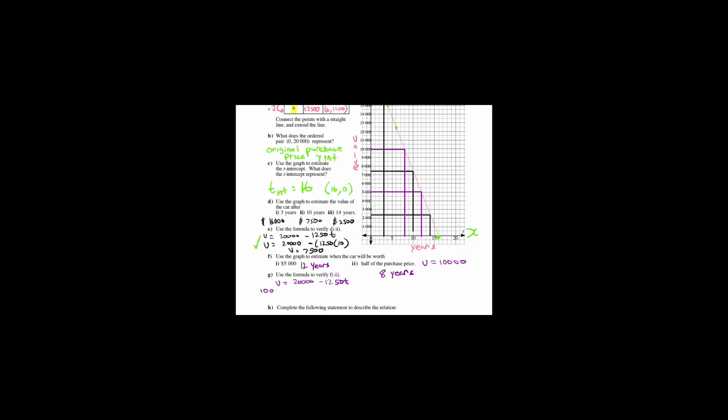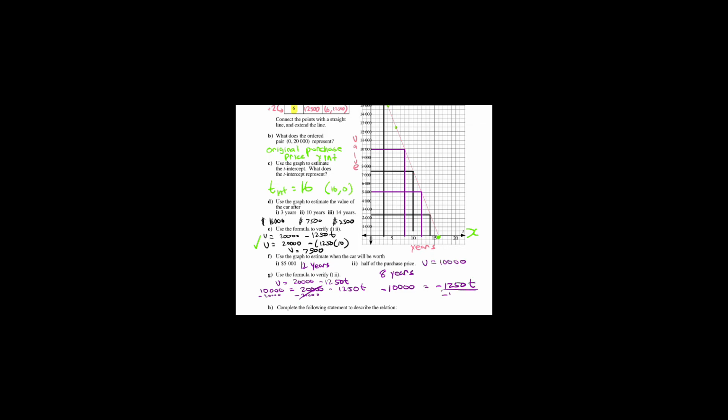So I'm just going to substitute the V for 10,000, and that equals 20,000 minus 1250t. I'm going to subtract 20,000 from both sides, and I end up with negative 10,000 equals negative 1,250t.